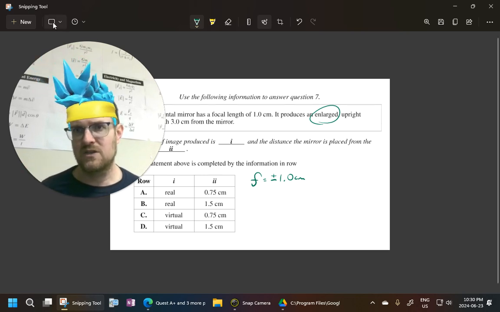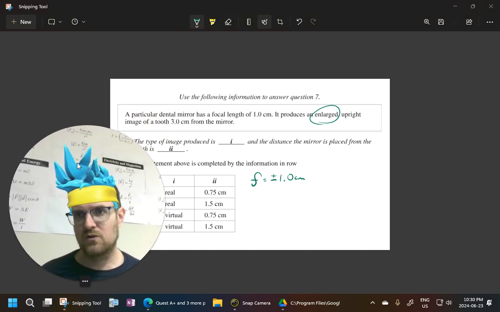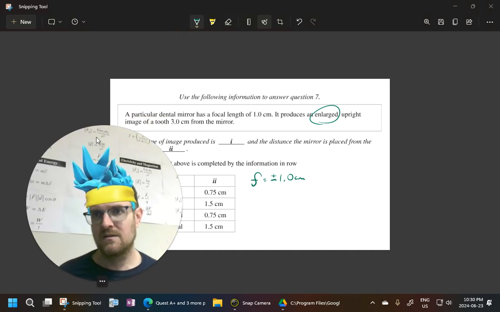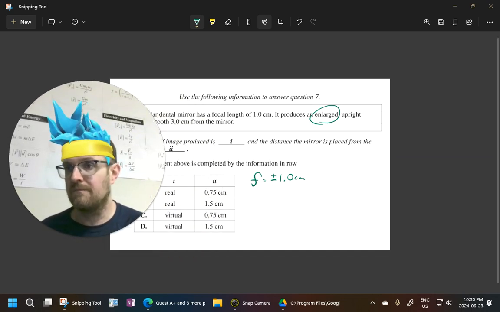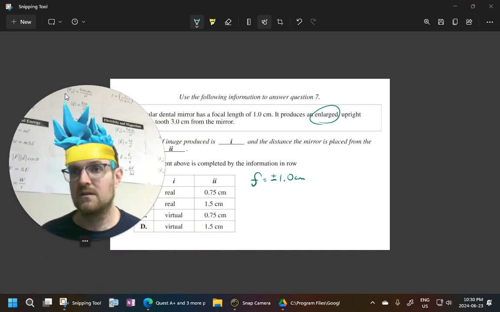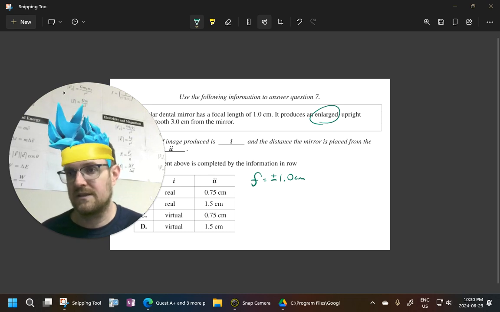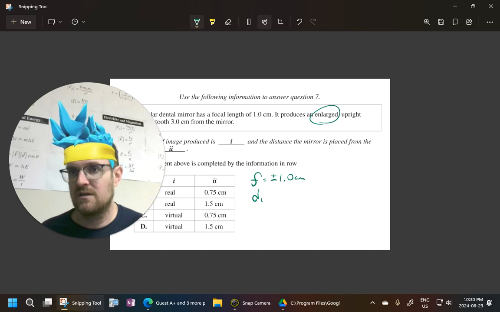We've got an upright image that is 3 centimeters from the mirror. Plus, it also doesn't say that it's real or virtual. Okay, so let's just go with that. So my image here is 3 centimeters from the mirror, plus or minus again.